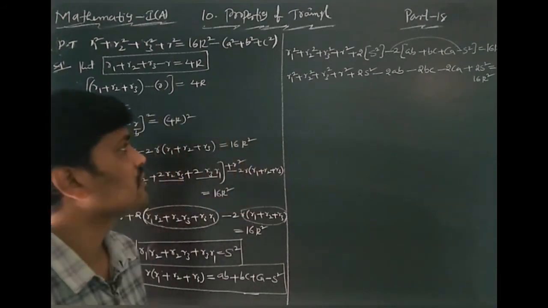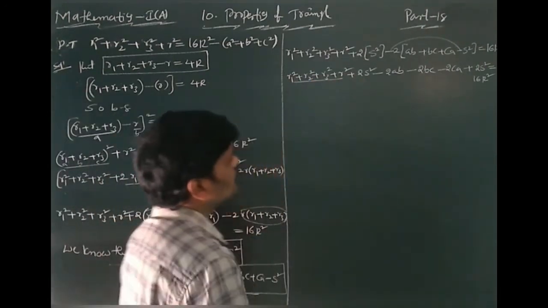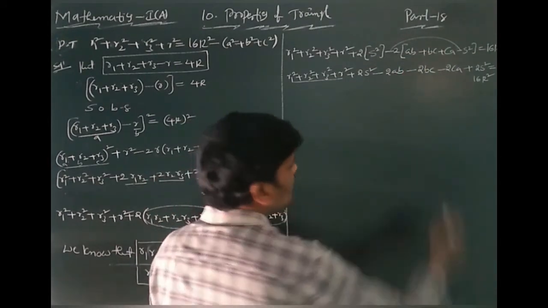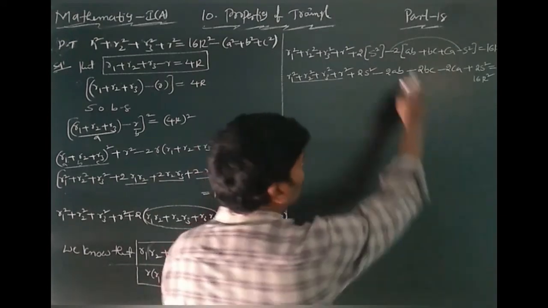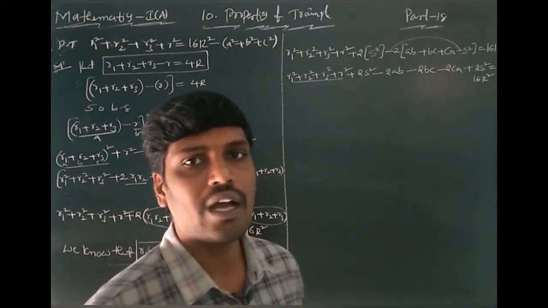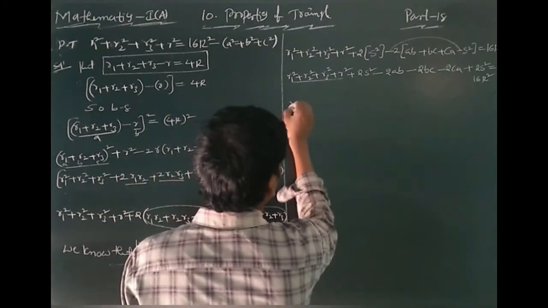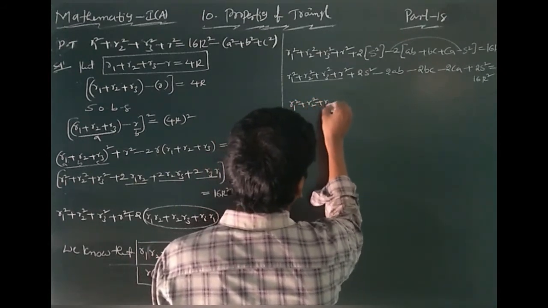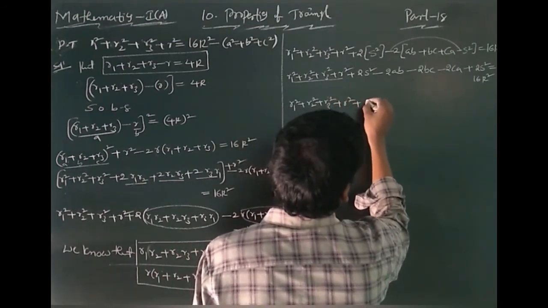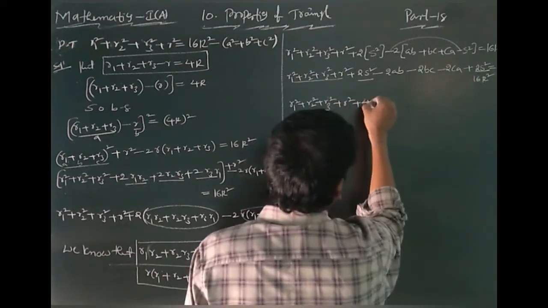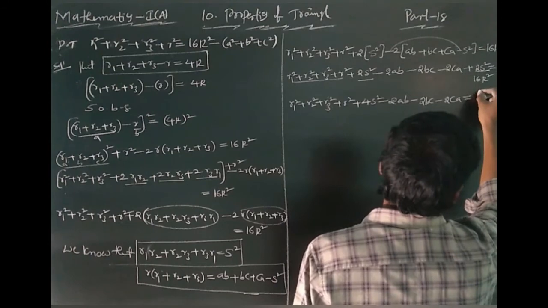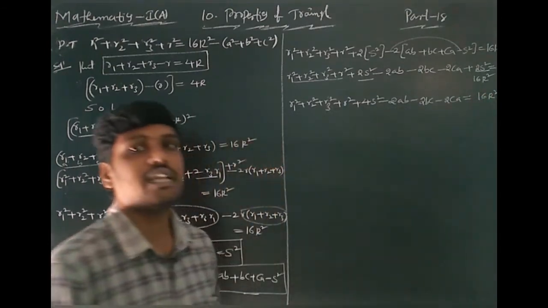Once again, explaining to students: the first four terms are similar, 2s square, then minus 2ab, minus 2bc, minus 2ca, minus 2 into minus s square plus s square, and the RHS part is similar, 16r square. After that, r1 square plus r2 square plus r3 square plus r square plus 2s square plus 2s square, you can write 4s square minus 2ab minus 2bc minus 2ca is equal to 16r square.